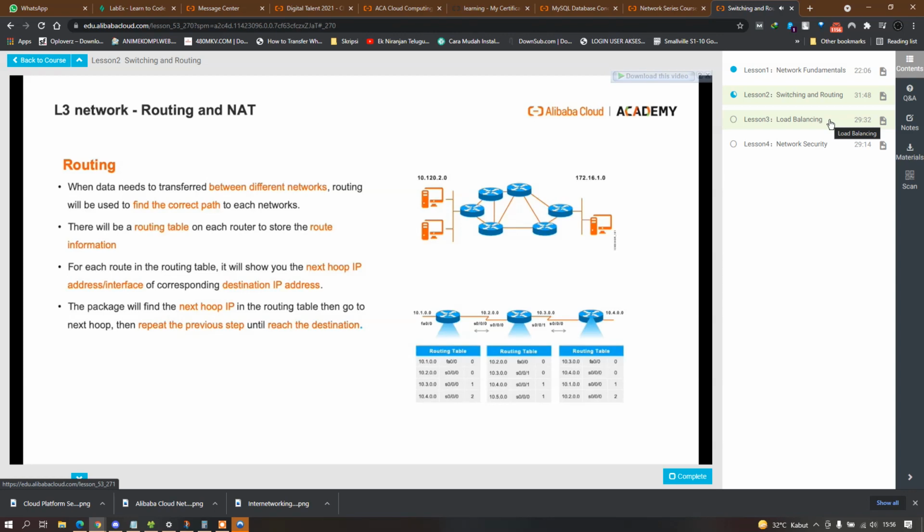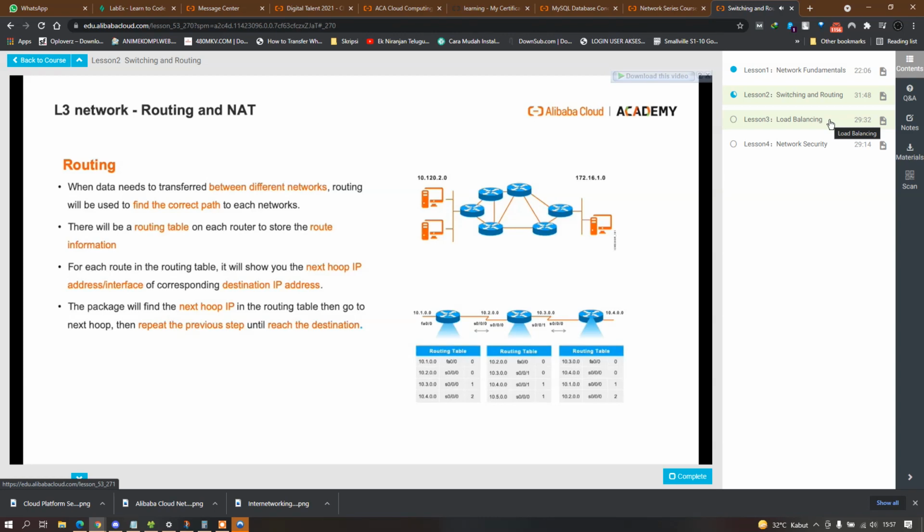So this routing table is just a guide of the network. Once a packet comes to the router, it will check the routing table and find the next hop of its own destination. This is how the routing table works. For each route in the routing table, it will show you the next hop IP address or interface of the corresponding destination IP address.